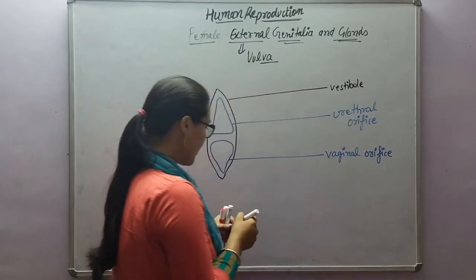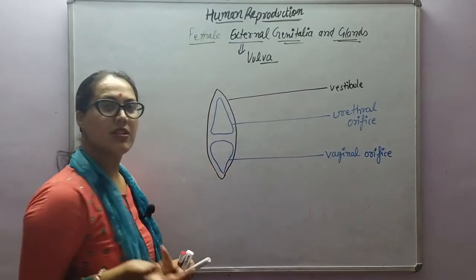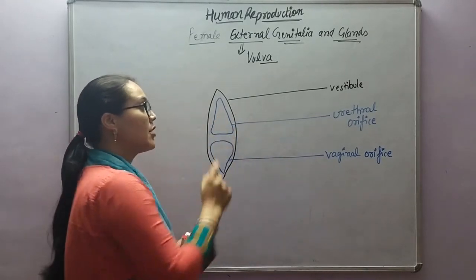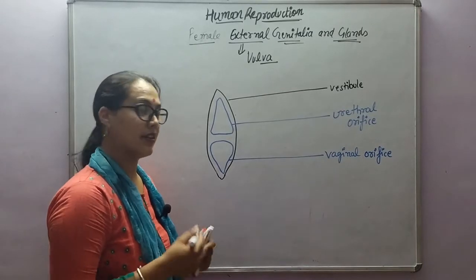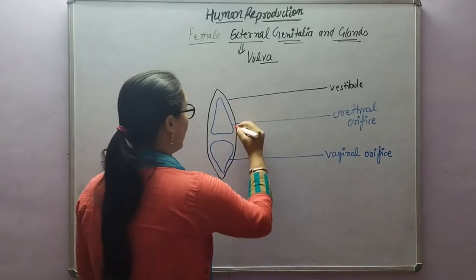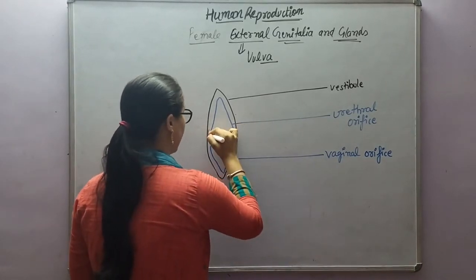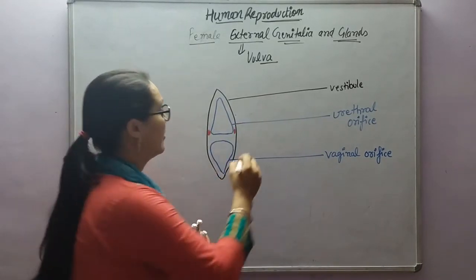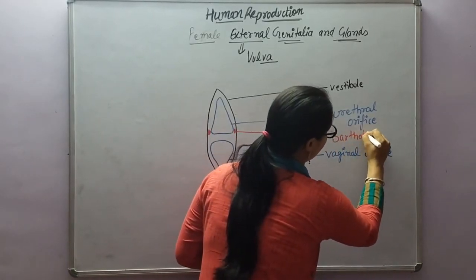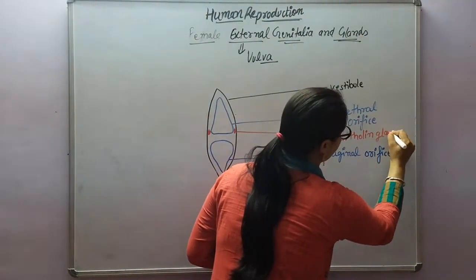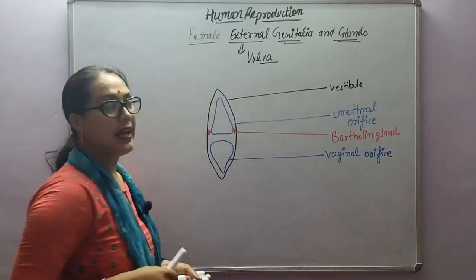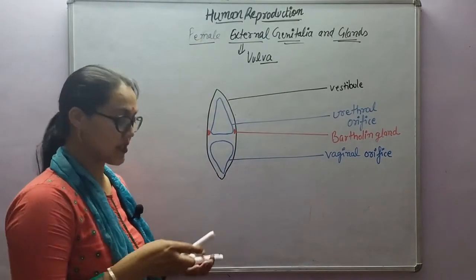The vaginal orifice is also known as the birth canal, and this is the urethral opening, the opening for the urine. Situated here alongside are glands, the Bartholin gland.